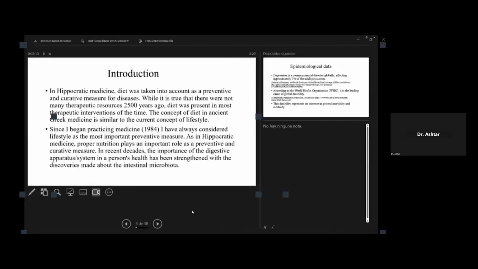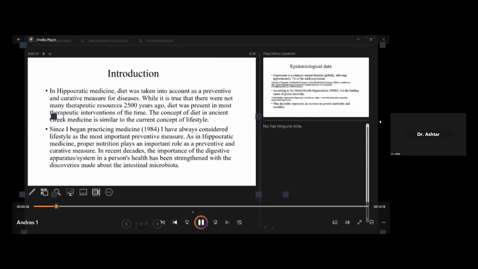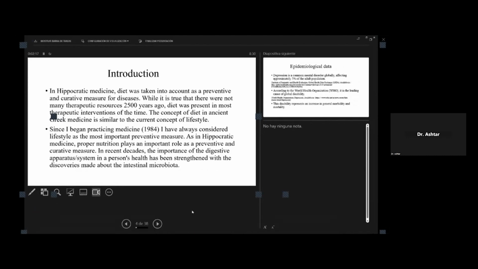Introduction. In Hippocratic medicine, diet was taken into account as a preventive and curative measure for diseases. While it is true that there were not many therapeutic resources 2,500 years ago, diet was present in most therapeutic interventions of the time. The concept of diet in ancient Greek medicine is similar to the current concept of lifestyle.